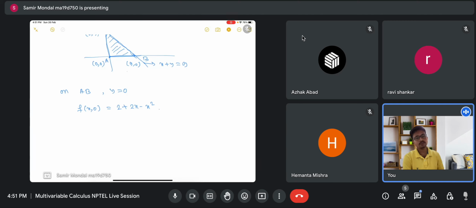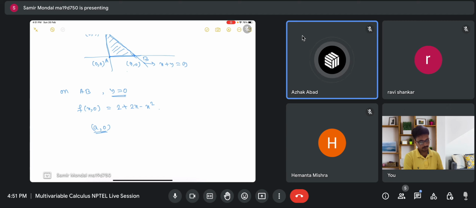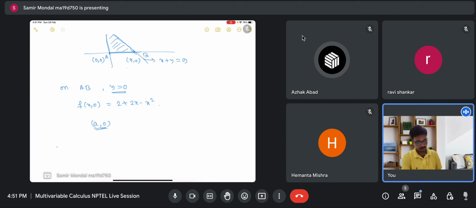So you know how to find the maximum and minimum for a single variable. Find that point. Here y is already 0. Suppose you are getting one point, suppose a, so your point will be a comma 0. Is it or not? Yes, sir. Okay, it's on AB.